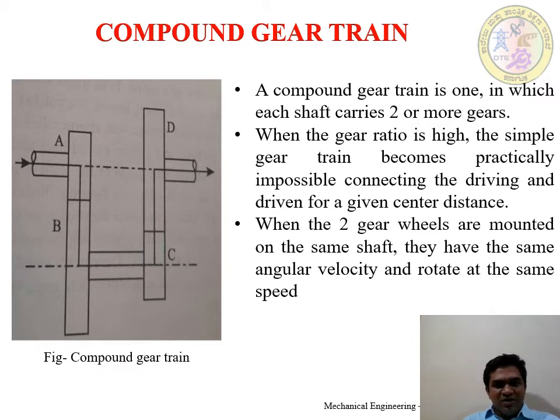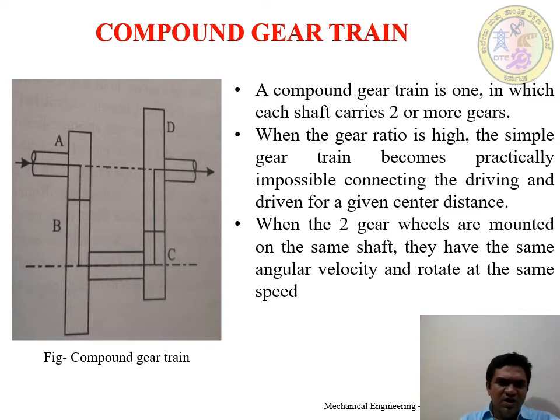When the gear ratio is high, the simple gear train becomes practically impossible for connecting the driving and driven gears for a given center distance. Then we use compound gear trains.